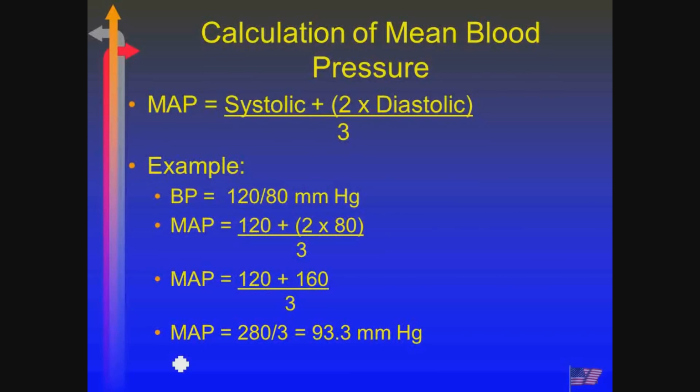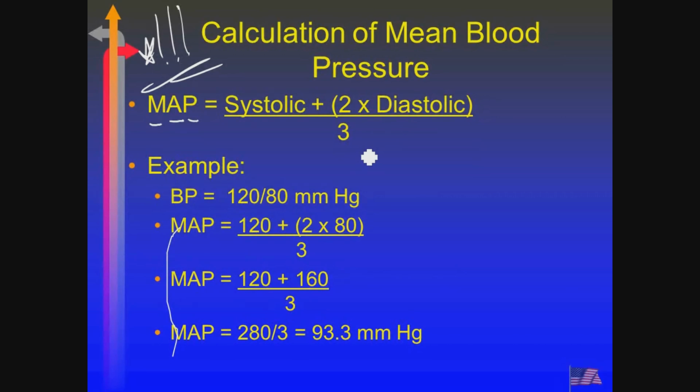Now, this is one I can guarantee you will see. Something you may want to pay attention to. The mean arterial pressure is the systolic plus the quantity twice the diastolic, all divided by 3.